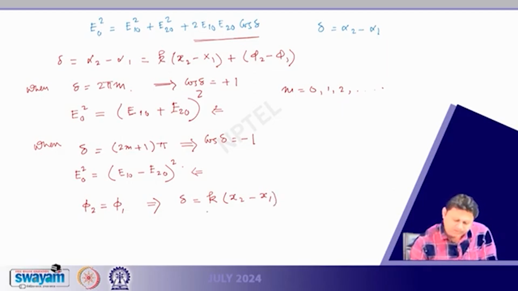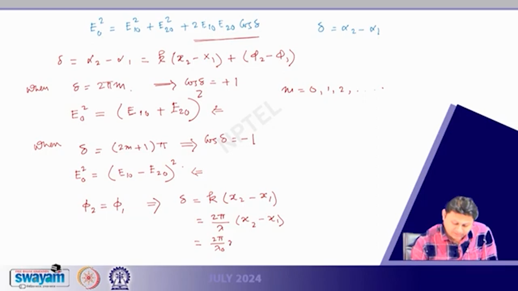So k(x2 minus x1) is essentially 2 pi divided by lambda times (x2 minus x1). This is in free space, so in a medium I should write 2 pi divided by lambda naught, where lambda naught is the wavelength of the light or the electromagnetic wave in free space.